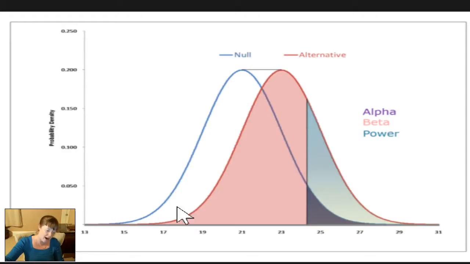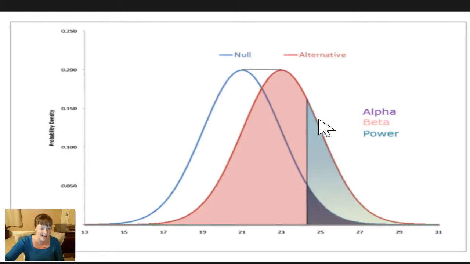So the null hypothesis is the assumption that the null is true. Anything over here, we're going to reject it anyway, and that's alpha. Anything over here, we're going to fail to reject it. That doesn't get a special name because, well, we're failing to reject the null, and we're living on the null distribution.